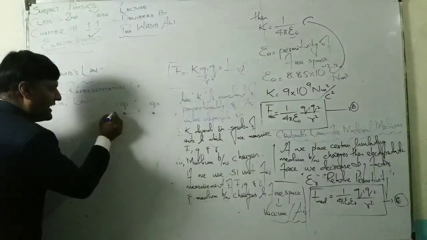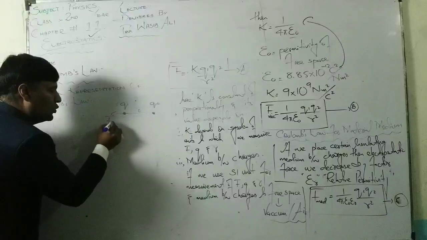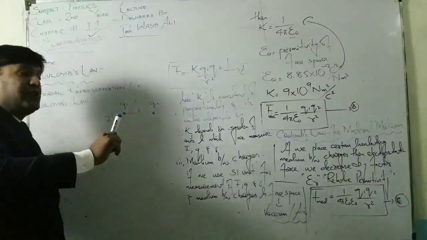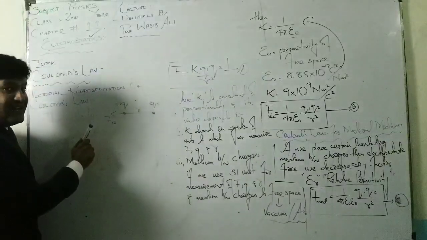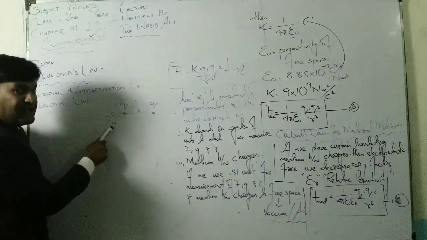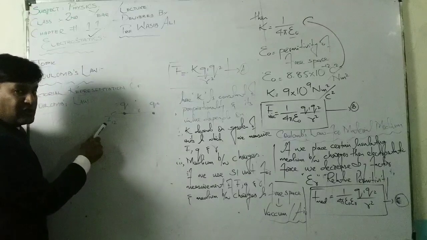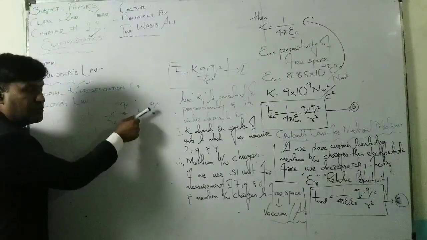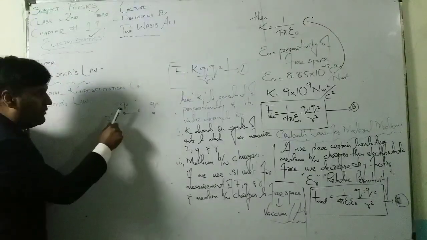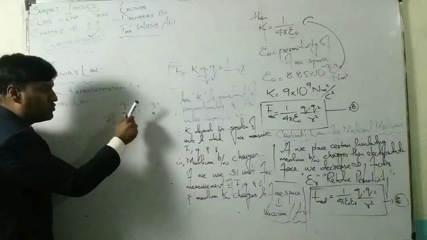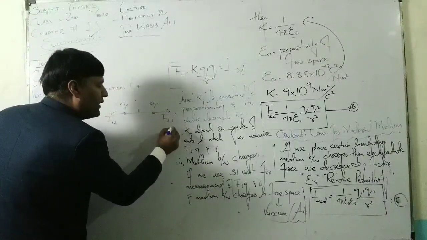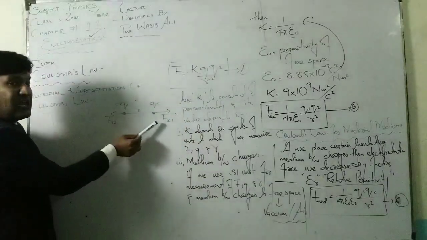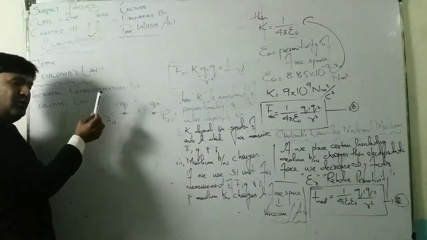I can write F12. What does F12 mean? Force on charge 1 due to 2. And F21 means force on charge 2 due to 1.